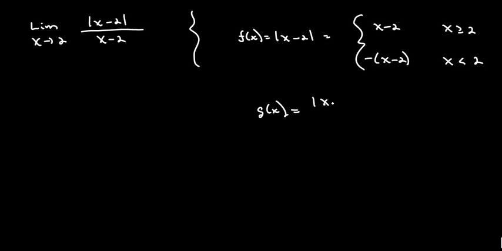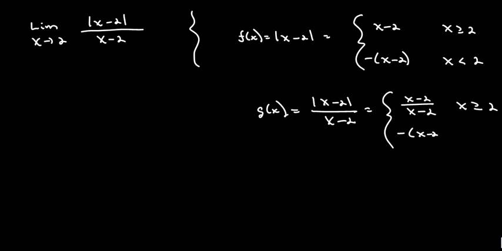If g of x is the absolute value of x minus 2 over x minus 2, then as a piecewise defined function I would get x minus 2 over x minus 2 when x is greater than or equal to 2, and negative x minus 2 over x minus 2 when x is less than 2. Do you see how I went from what's up top to down here?